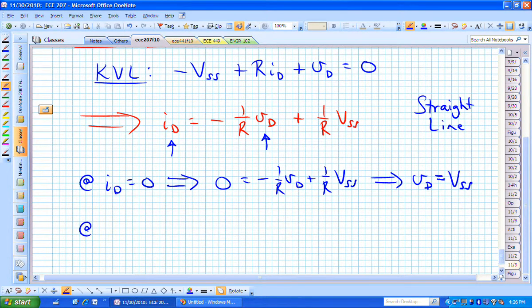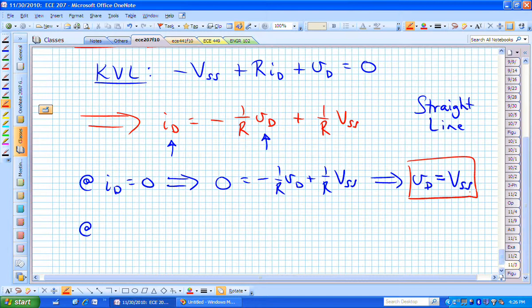If we know that our circuit has to satisfy this straight line, and it also has to satisfy this exponential shape, we want to know at what point does it satisfy both. But in order to do that, we're just trying to find a way of sketching that straight line to give us our second equation. We've now found one relationship that is going to be true. There's 1 point: V sub D is equal to V sub SS, and I sub D is 0.